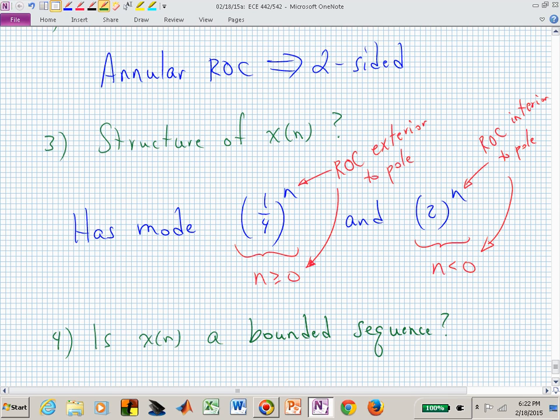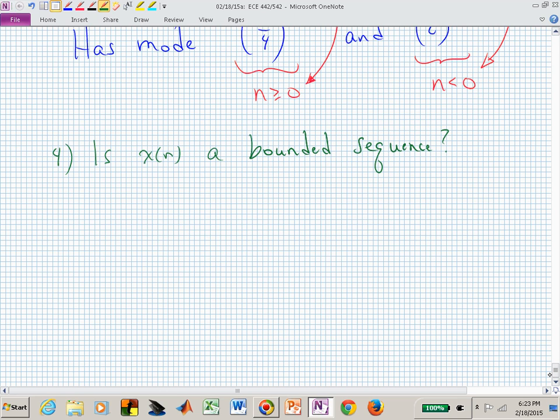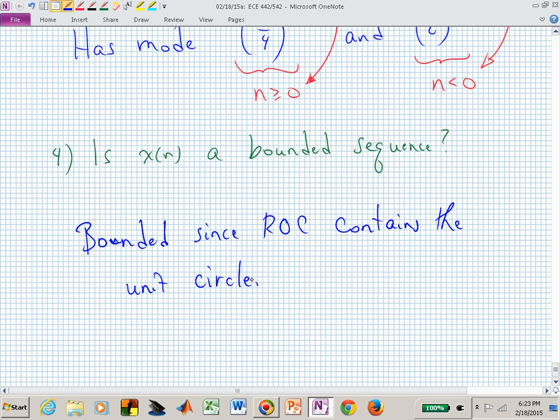Or you could look at this time domain expression or response and say 1/4 to the n is collapsing, and 2 to the n with n negative is also collapsing. x of n is a bounded sequence, since the region of convergence contains the unit circle.